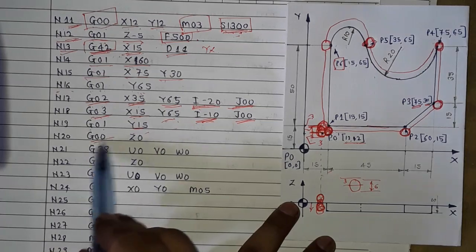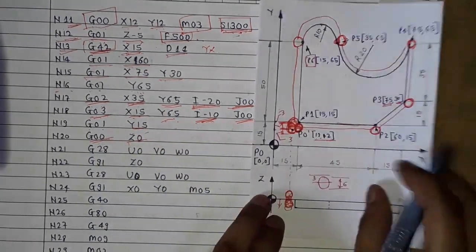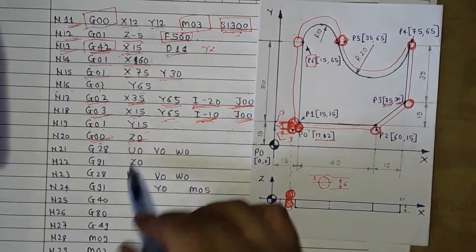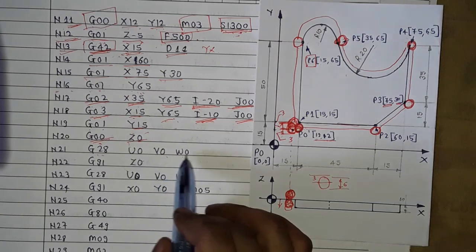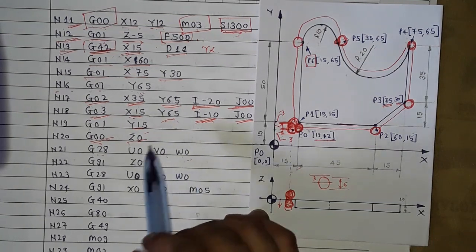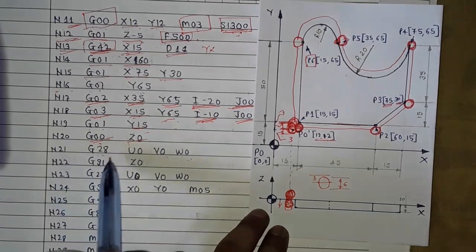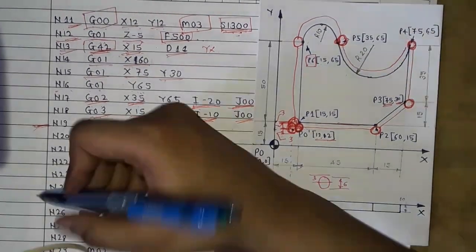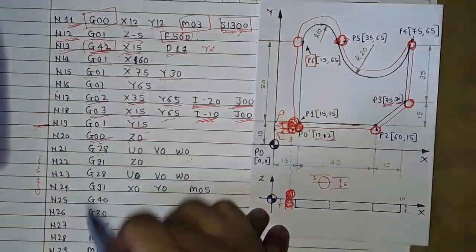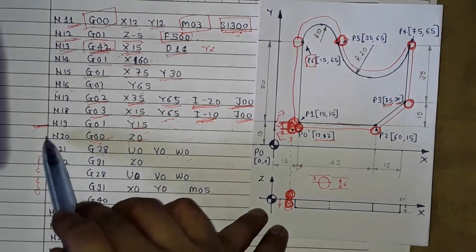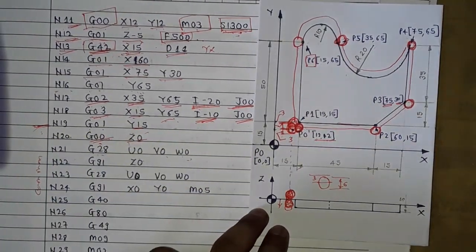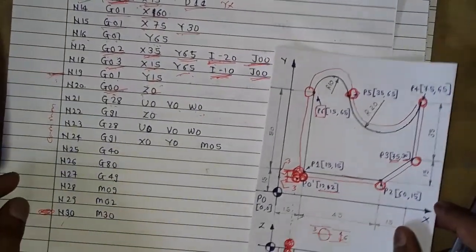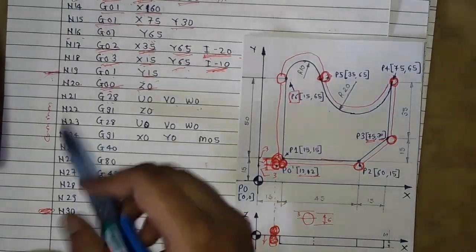Next G00 Z0, that is the tool will move upward and reach here, and G28 U0 V0 W0. From this position to this position, these are the common programming lines from N20 to N30, and these are mostly used in all milling part programming.